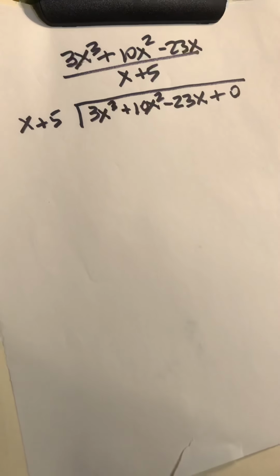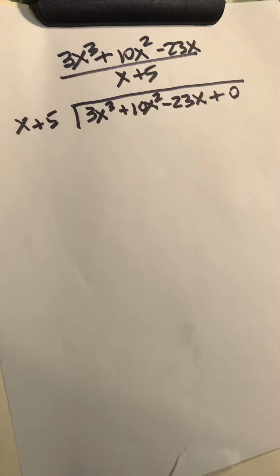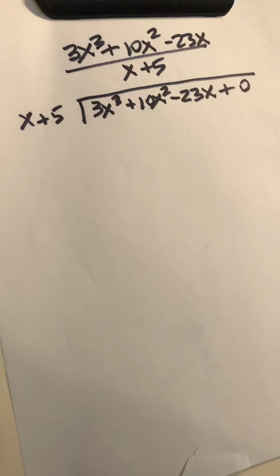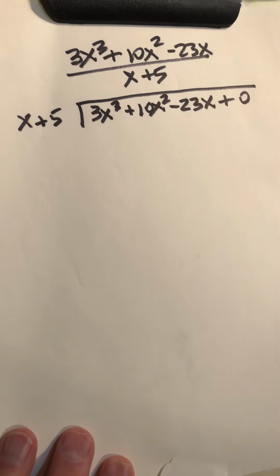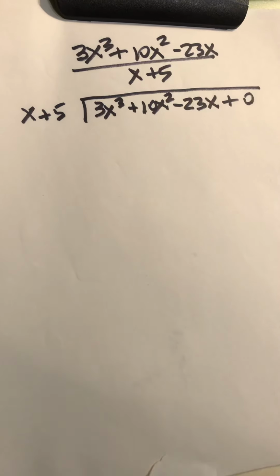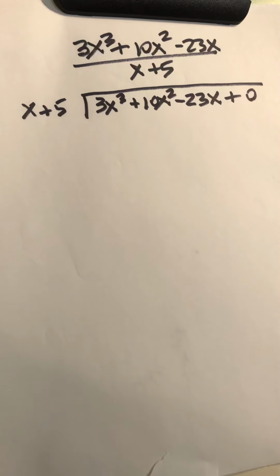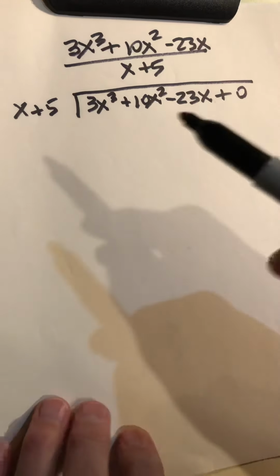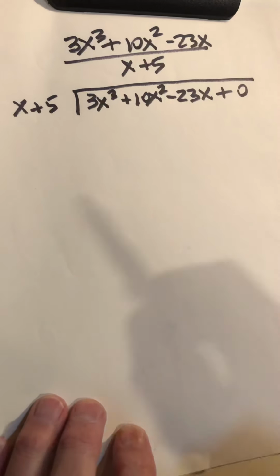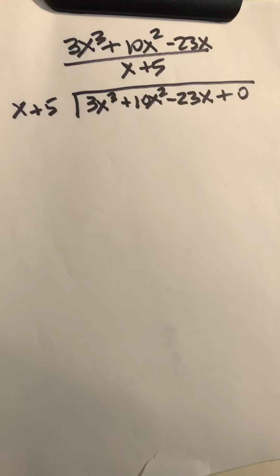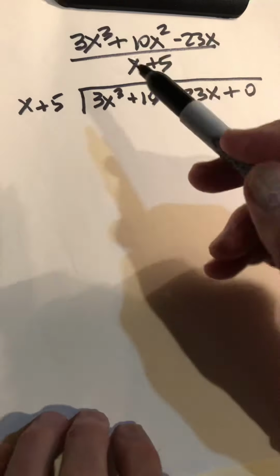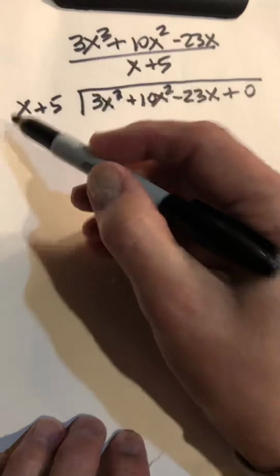All right, and then I'm going to do that same kind of long division that you loved back in 6th grade. Make that teacher proud. In long division, it's always the first term divided by the first term. So the first term of the dividend is 3x cubed.